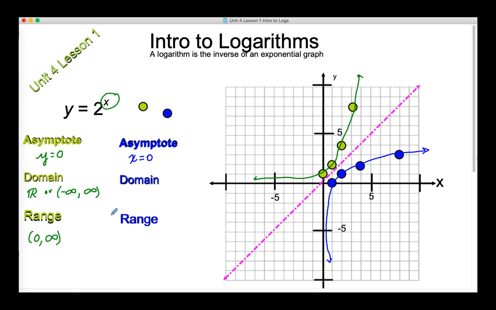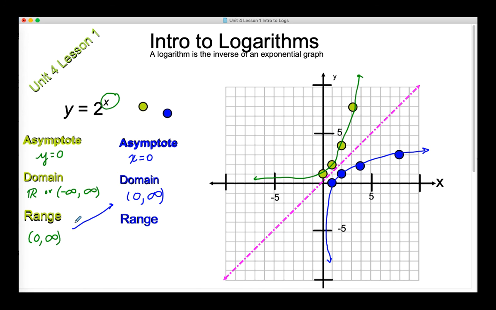Well, now, if logarithm means to switch x and y, then it's very easy to do our domain and range here. Let's look at our domain. Notice I did not put in any negatives over here. So I can only put in numbers greater than 0 all the way to positive infinity.